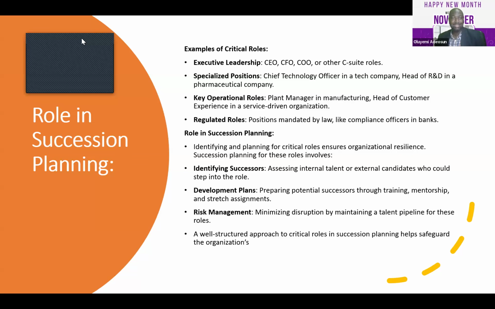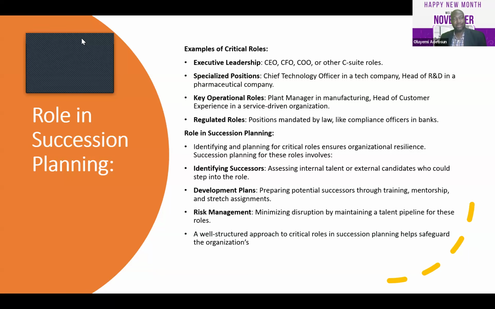Roles that maybe SEC mandates or the regulator necessitates. Incumbents of those roles can have so much knowledge, so much information, and industry experience that it could make the role very critical. So when we are talking about succession planning, you need to identify successors.